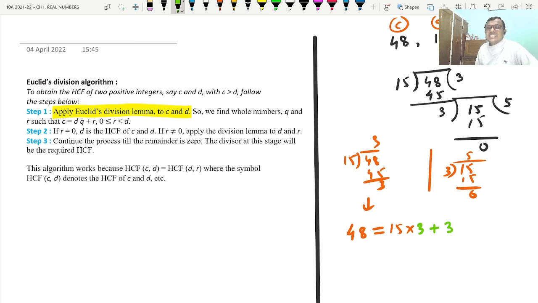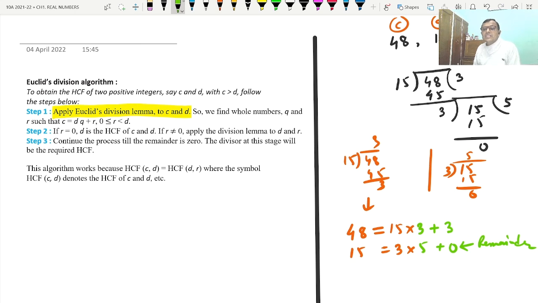Then second step is dividend is equal to divisor into quotient plus remainder. When you get remainder 0, this is the remainder, right?